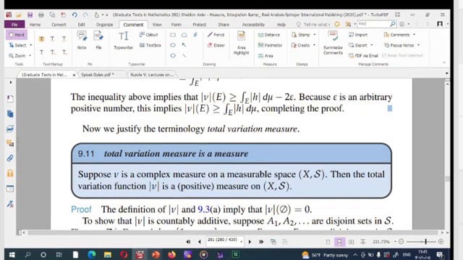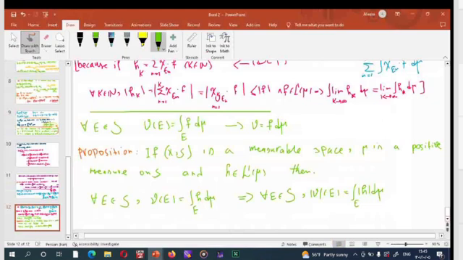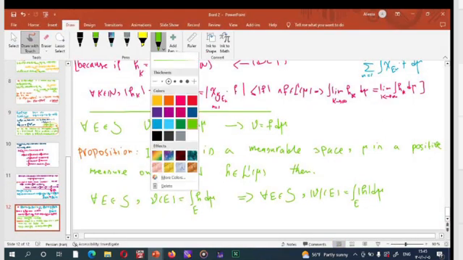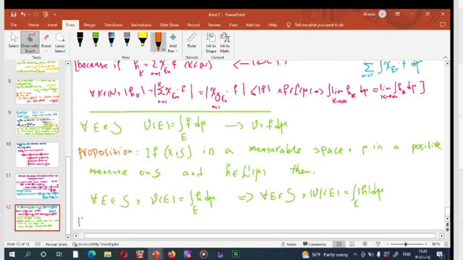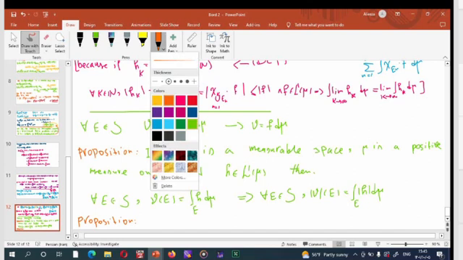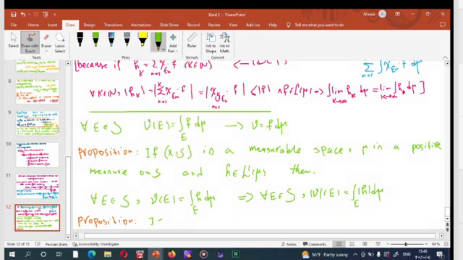So that we have this proposition 2, proposition, if mu is a complex measure, then the total variation of mu is a positive measure.